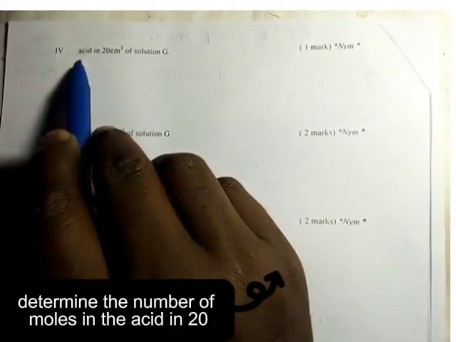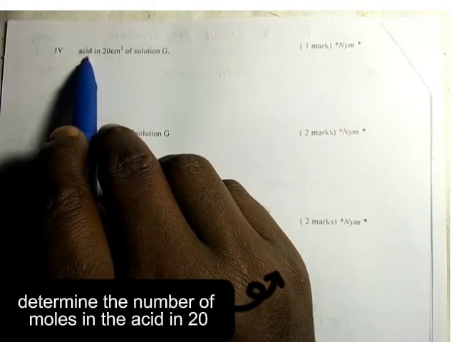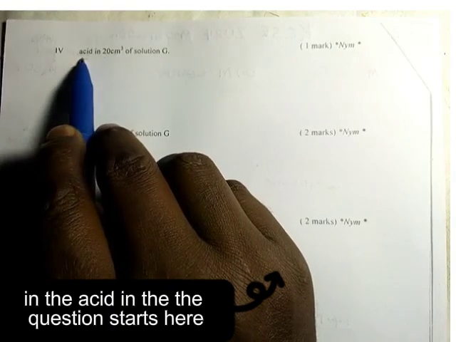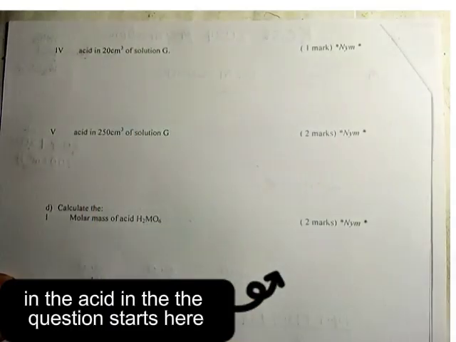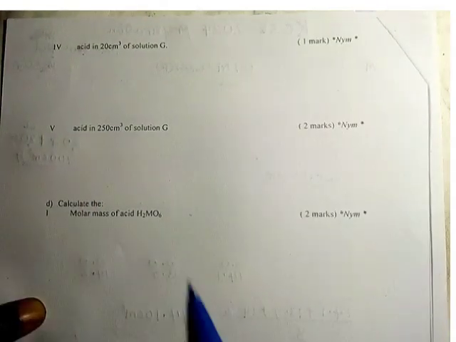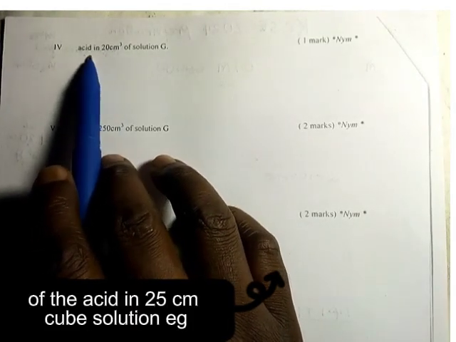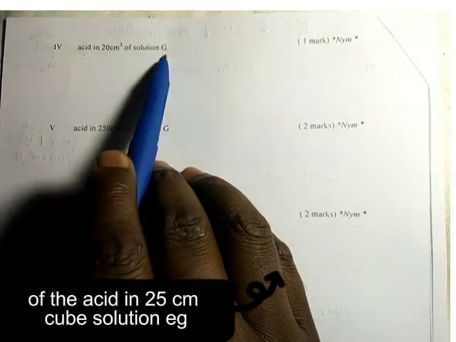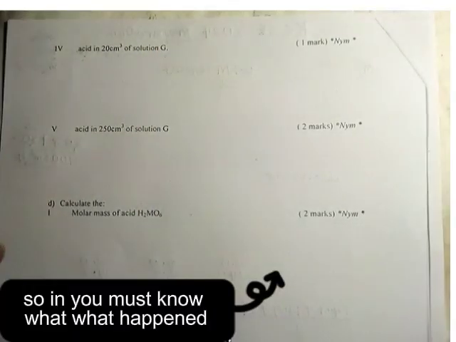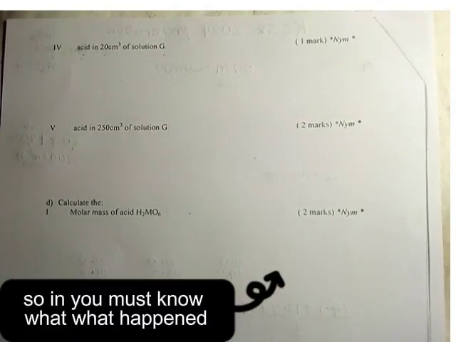Determine the number of moles in acid in 25 centimeters cube solution G. So you must know what happened.